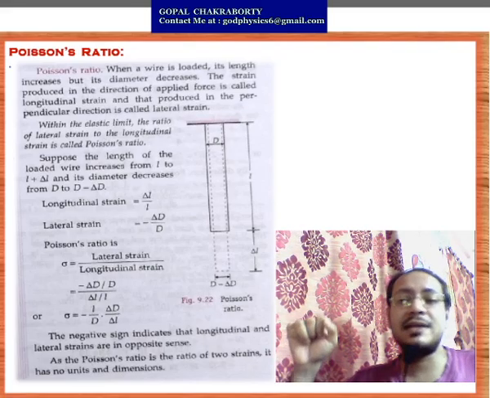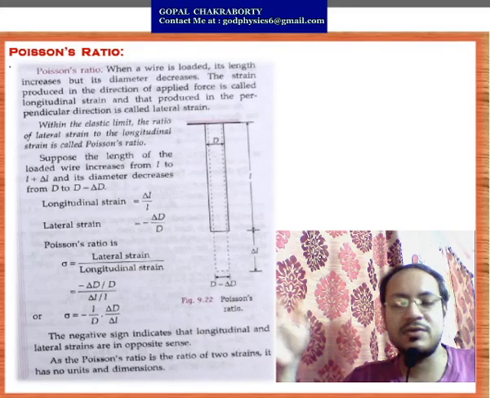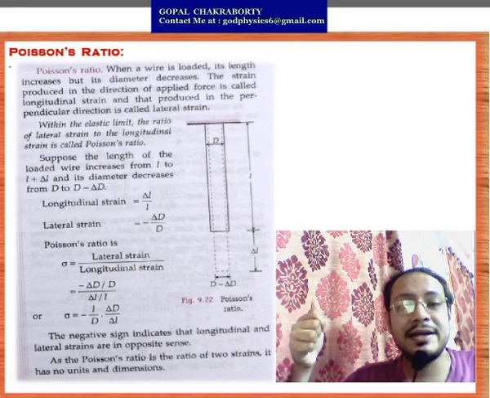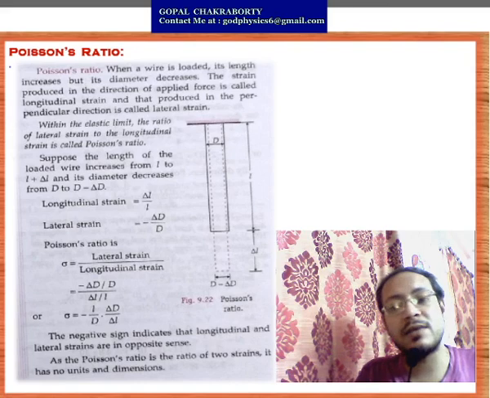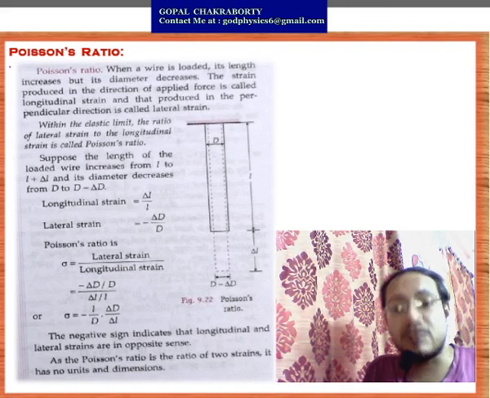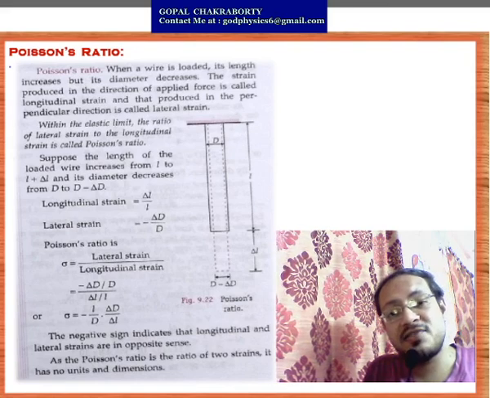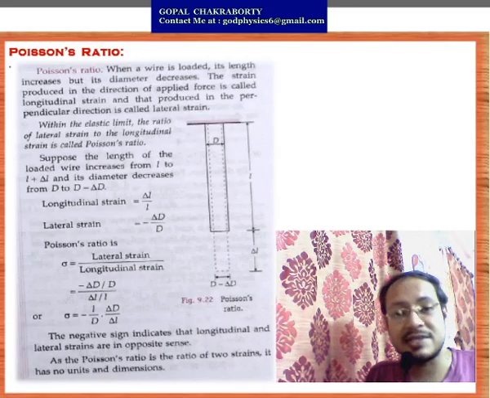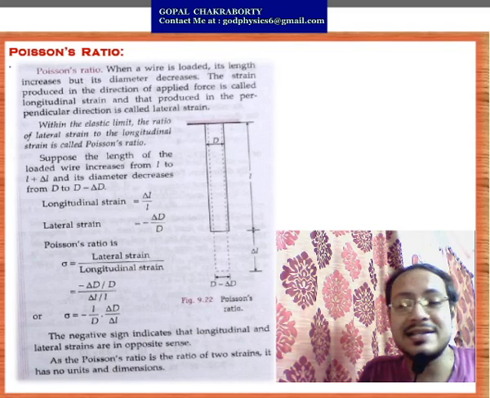So that means in the numerator and denominator, both are the same kind of quantity, so it has no unit. It is a unitless quantity and it is a constant, Poisson's ratio. As it is the ratio of lateral strain to longitudinal strain, and not the ratio of stress by strain, it is not an elasticity modulus.